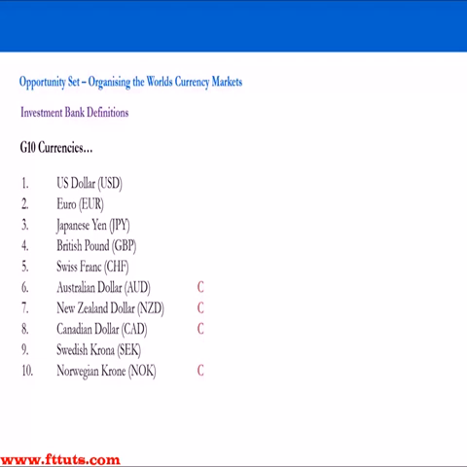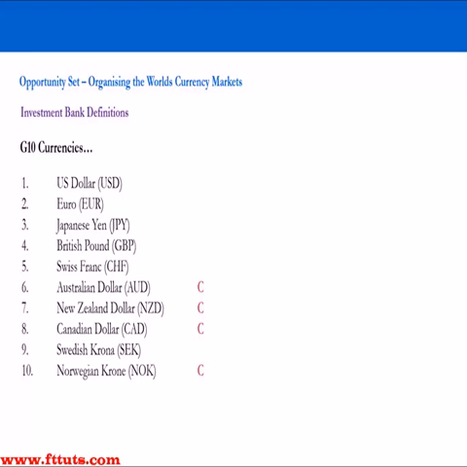And once we start actually looking at how the Forex market is organized, so once we start looking at how we organize the world's currency markets versus how the participants with conflict of interest actually organize the world's currency markets, we start to see that this organization and the definitions of currencies are actually different to our own.